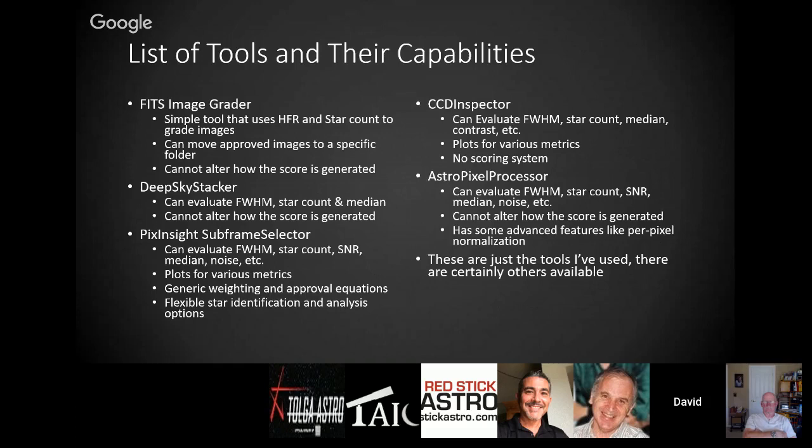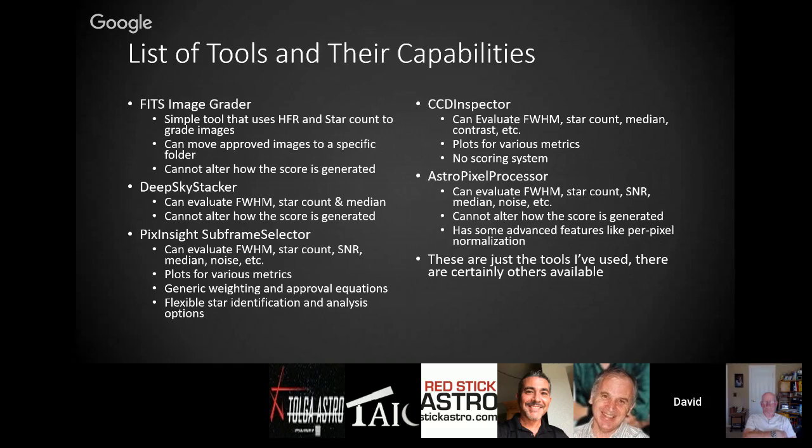PixInsight Subframe Selector. Here you can evaluate full width half maximum, star count, signal to noise ratio, median, noise. There's a whole bunch of star support and other metrics in there. You can generate plots for your metrics. It has very generic weighting and approval equations, so you can be very specific about how things get limited or how the weights are added to be used later in PixInsight for integration.